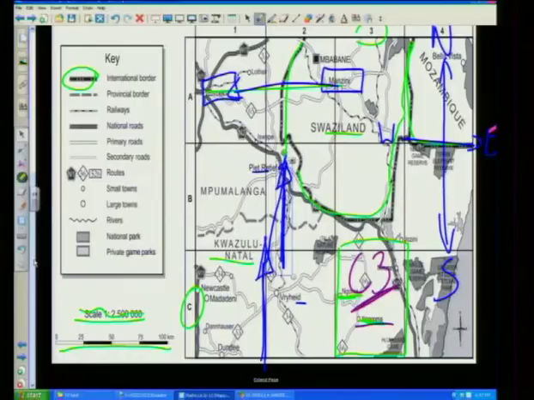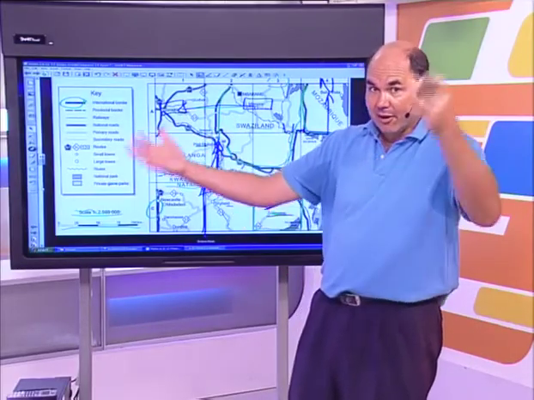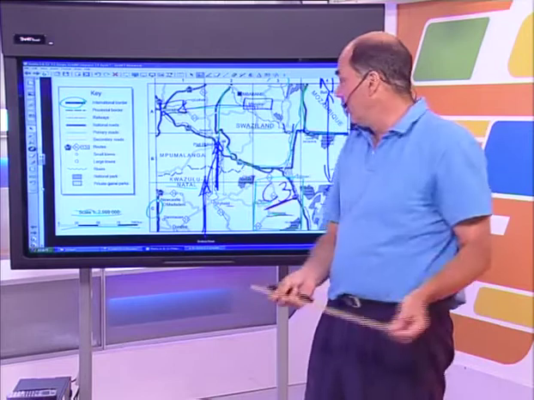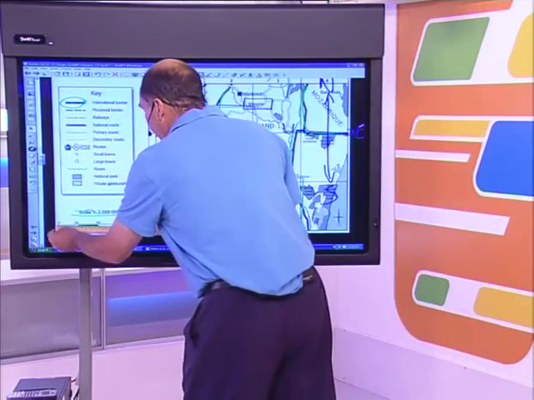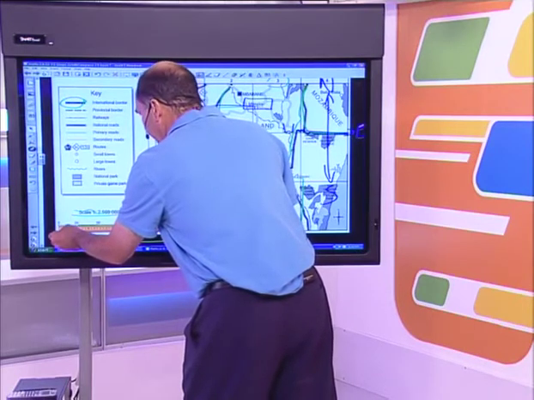Remember, there's Ermelo, there's Manzini. Now, it doesn't matter whether you measure from Ermelo to Manzini or Manzini to Ermelo, same distance. Okay? How are we going to do it? Well, if we were asked to estimate, we could do a number of things. We could take our ruler. We know the scale over here is given as the line scale. And I'm going to measure it, and I'm going to ask Ty to help me with this.